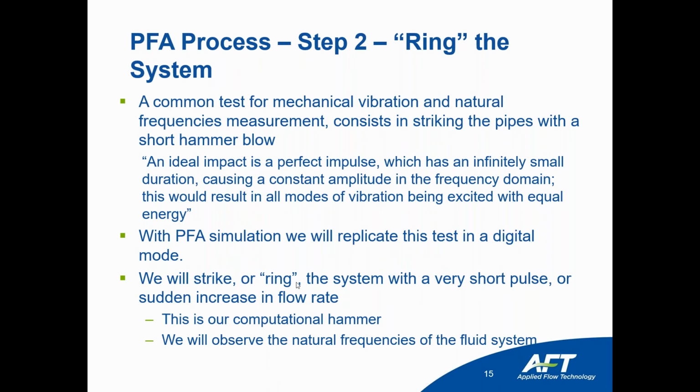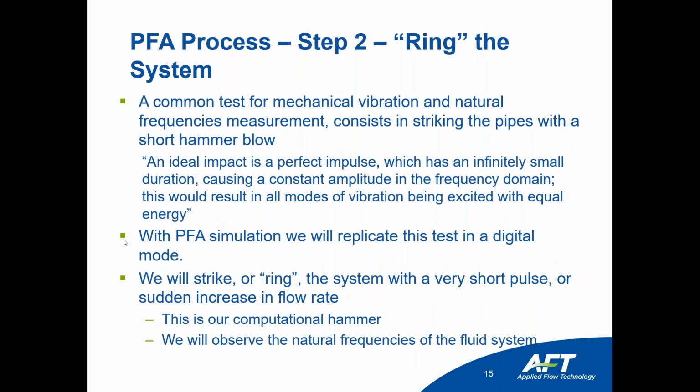So step 2, ring the system. When we say ring the system, it's also called hitting the system. A common test for mechanical vibration and natural frequency measurement consists in striking the pipes with a short hammer blow. This hammer looks like a sledgehammer, and the head is made of rubber.